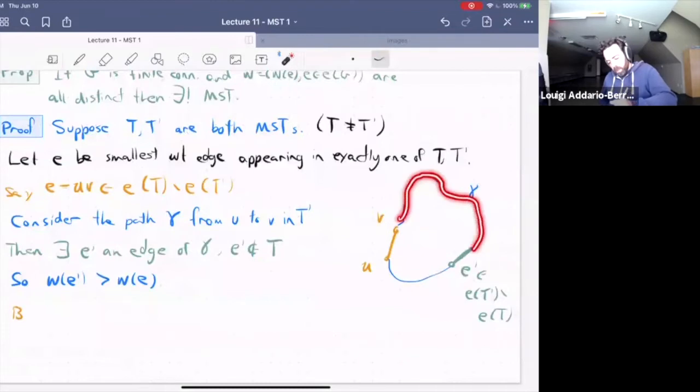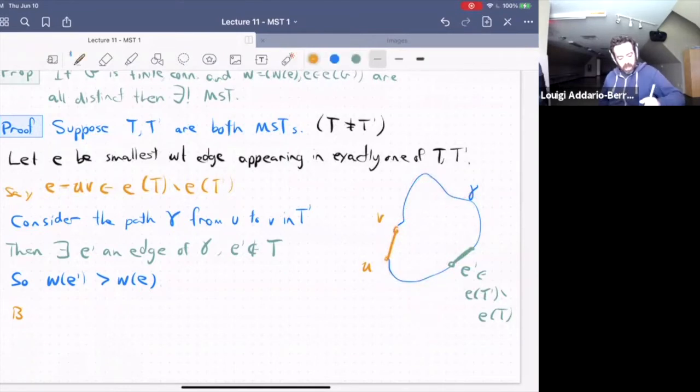So the blue path was part of T prime, right? But if we swap out the edge E prime for the edge E in T prime, we get another spanning tree. Anything that was connected before by going through E prime is still connected just by routing the other way around the cycle and going through E.